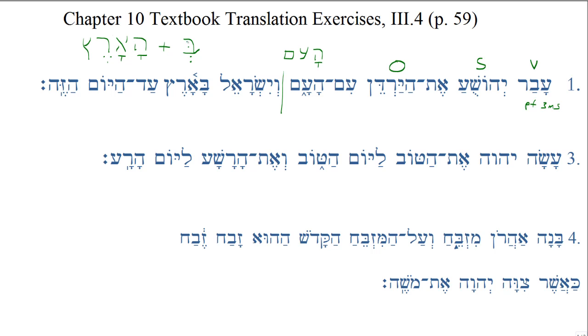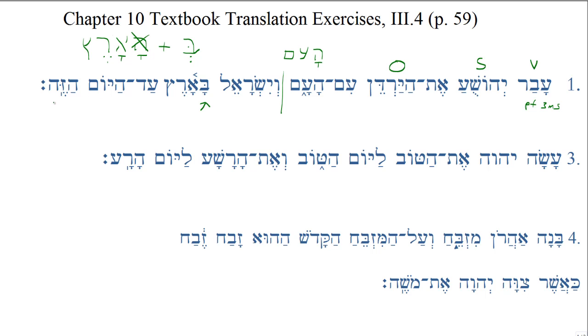If we take the normal bet preposition that has a vocal schwa, we add it to the word eretz with the definite article, ha'aretz. The bet replaces the hey, but takes over the vowel. So here we have the vowel that we would normally have with the definite article, but the hey drops out. So we have ba'aretz, in the land, and then ad hayom hazeh.